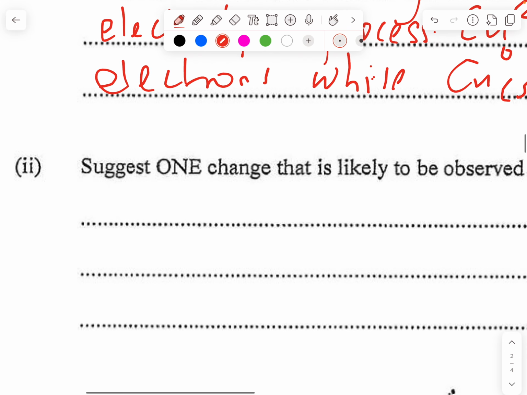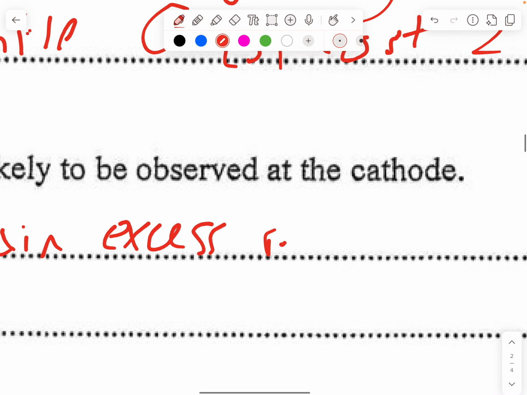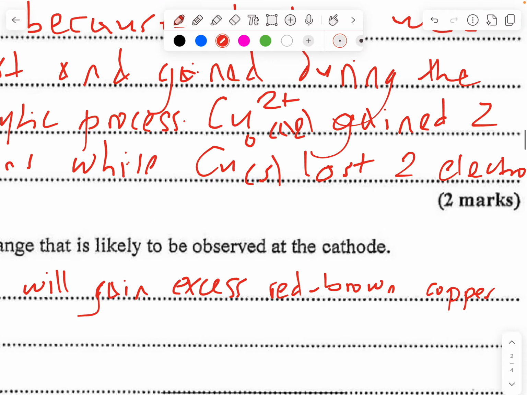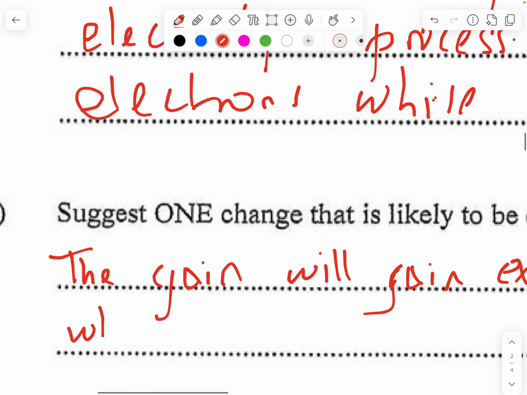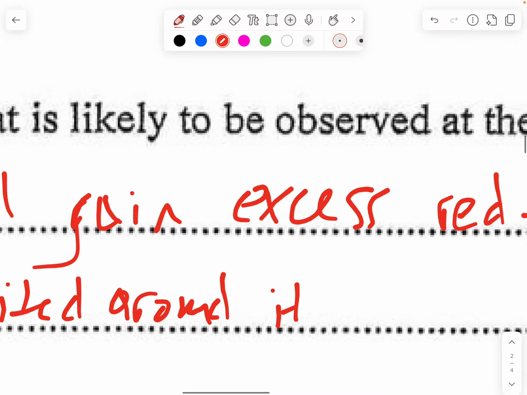So all I'm going to put here is the cathode will gain excess red brown copper which is deposited around it, and it will look bulky.